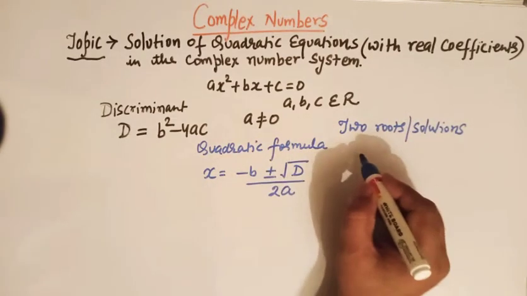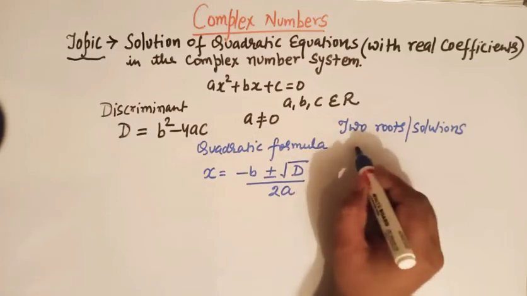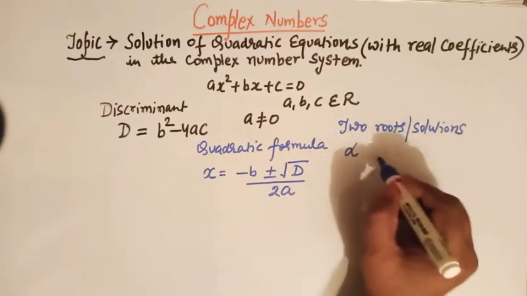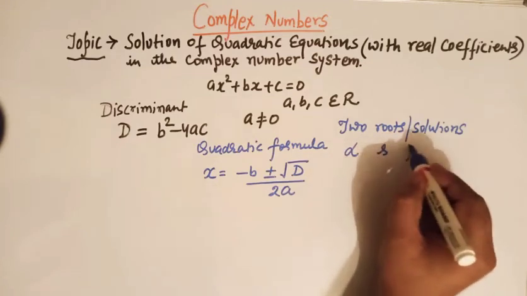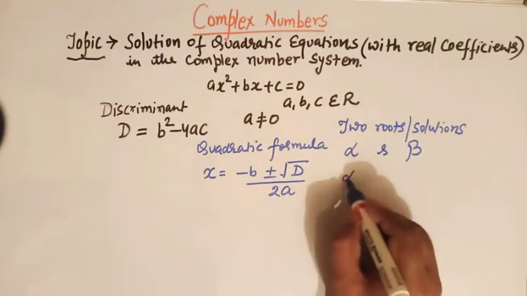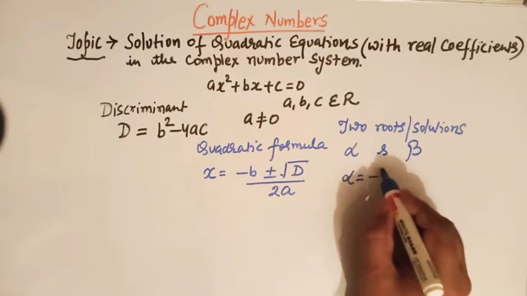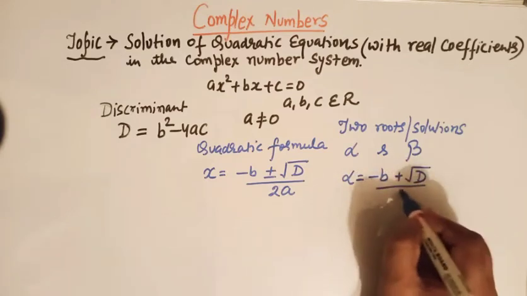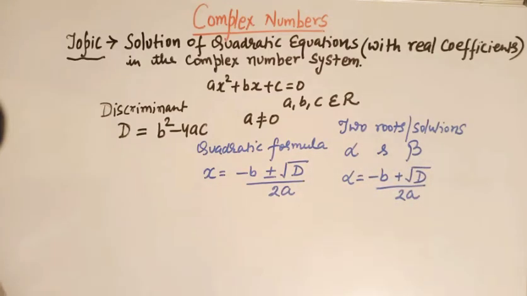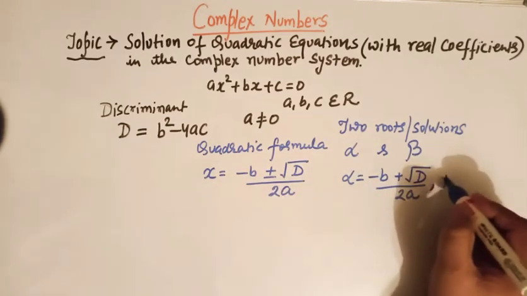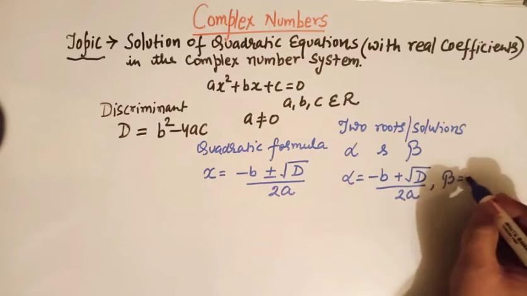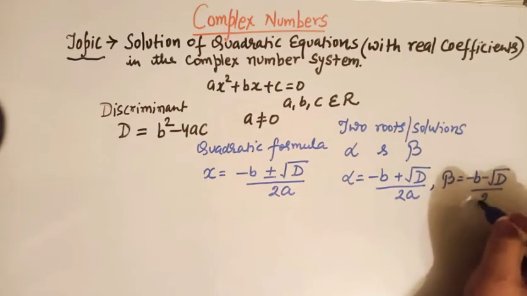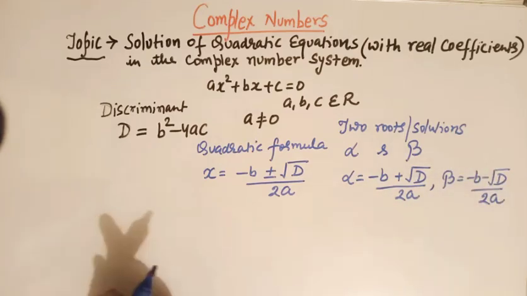So let us denote the roots by the letters alpha and beta, right? So alpha can be given by minus b plus square root of d divided by 2a, and beta can be given by minus b minus square root of d divided by 2a.